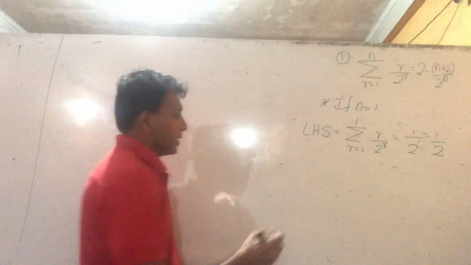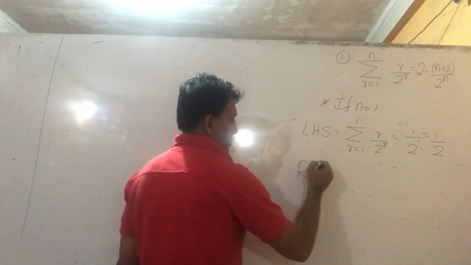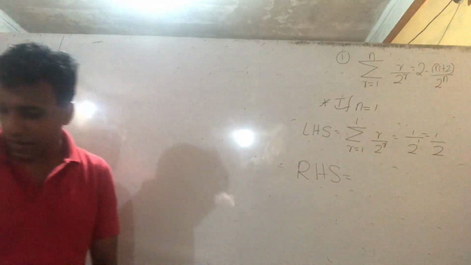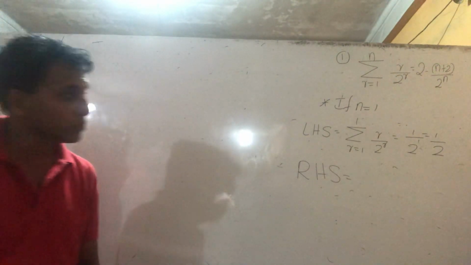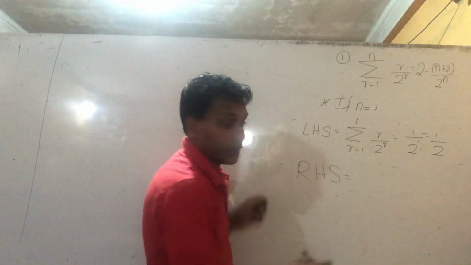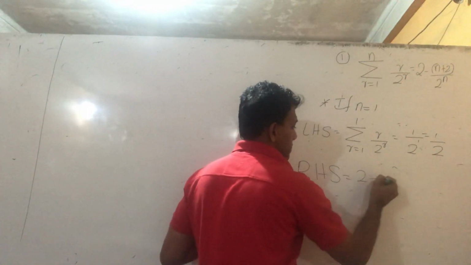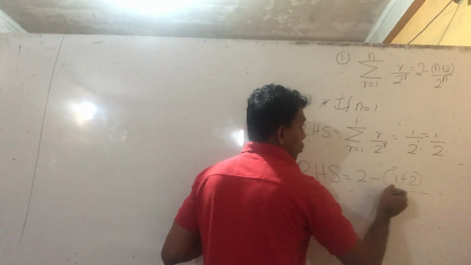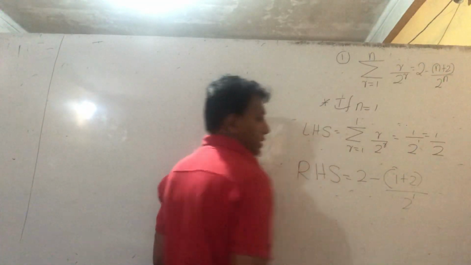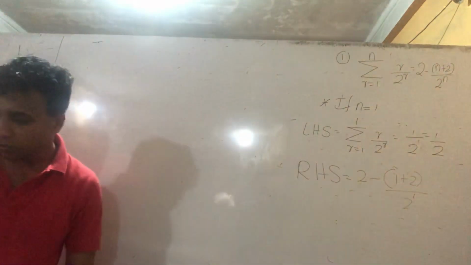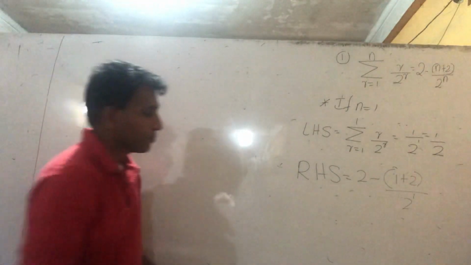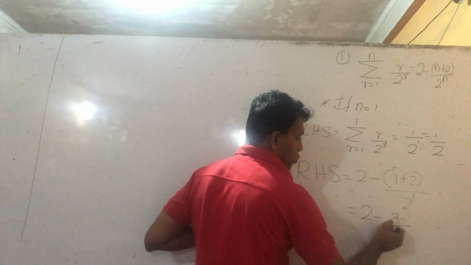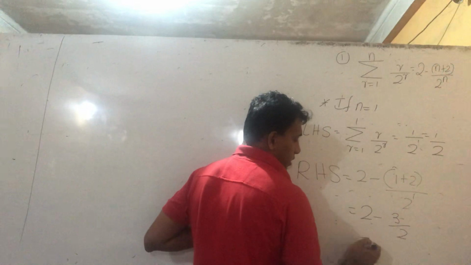Now the right hand side, RHS: put n for 1, so 2 minus (1 plus 2) over 2 to the power 1, that is 2 minus 3 over 2, which is half.